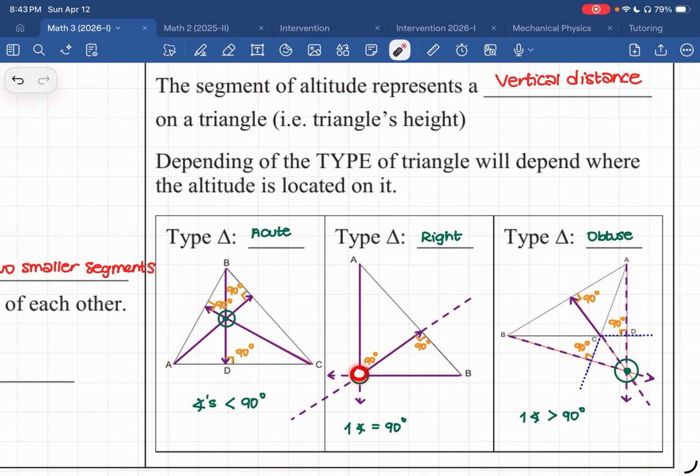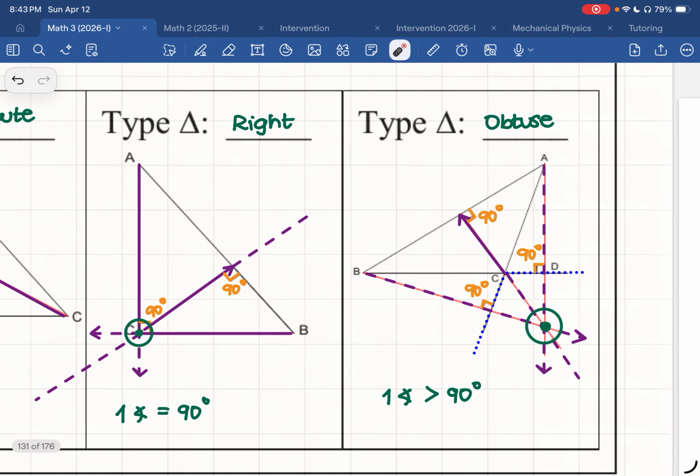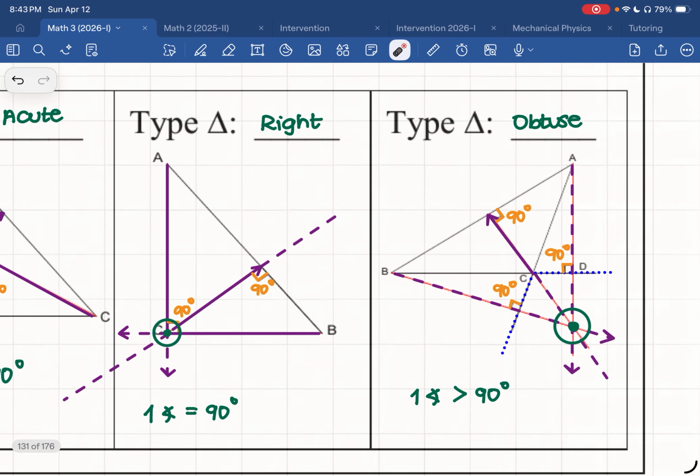It's not going to be here, and it's not going to be here. It's just in the same spot where the right angle is. And in the case of an obtuse triangle, the orthocenter is going to be outside of the triangle.